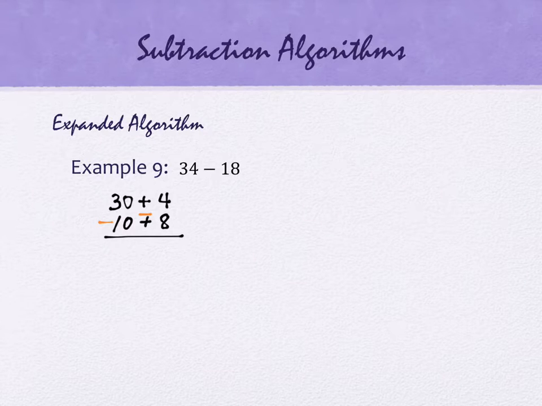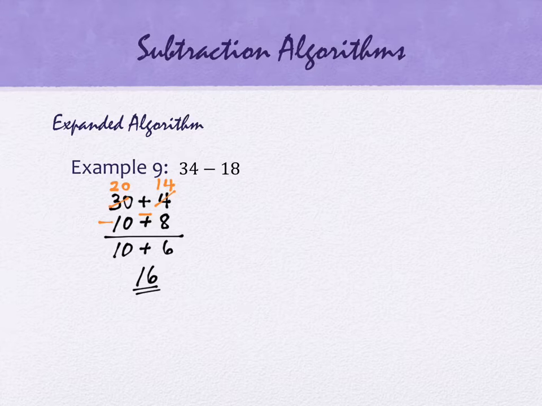But the borrowing looks a little bit more obvious here because the 30 can actually become a 20, which means I really am borrowing 10. So the 4 becomes a 14. So it's sort of just like the shift. I'm taking 10 away from the 30 and I'm putting the 10 with the 4. It's much more obvious why that's legit. Okay? And then the subtraction, of course, becomes the same subtraction as you did before. This is 10 and this is 6 for a total of 16.